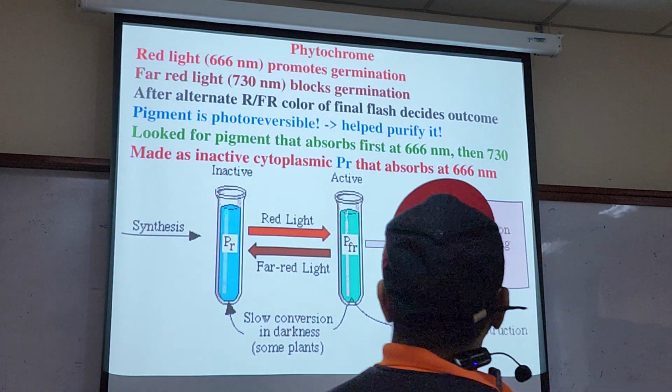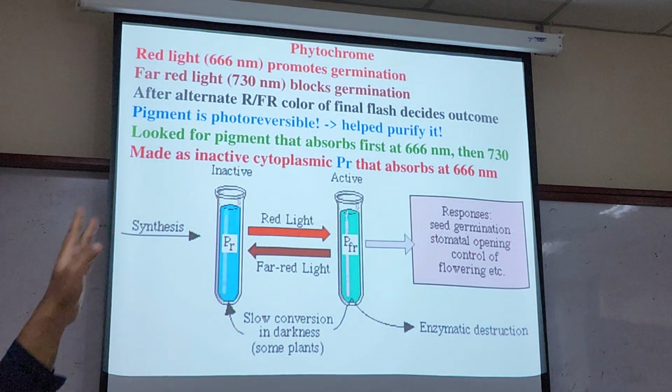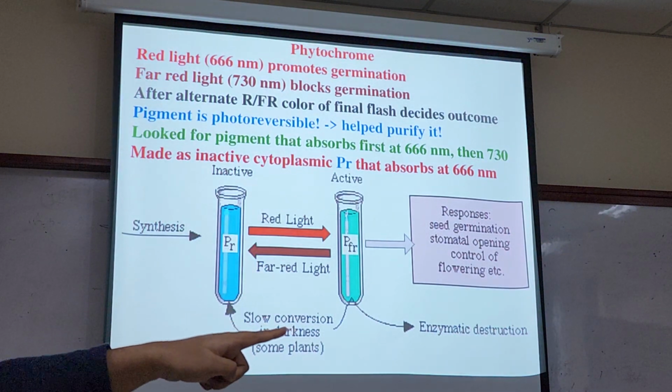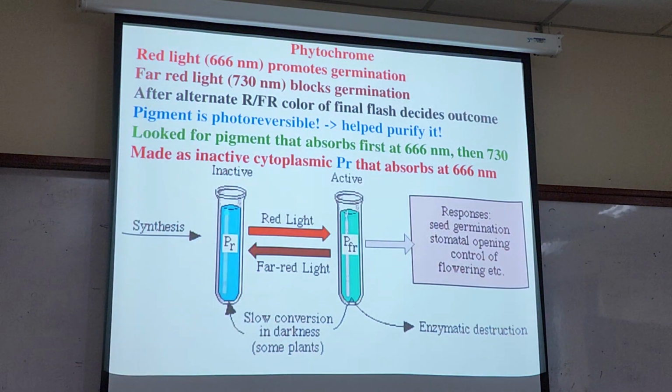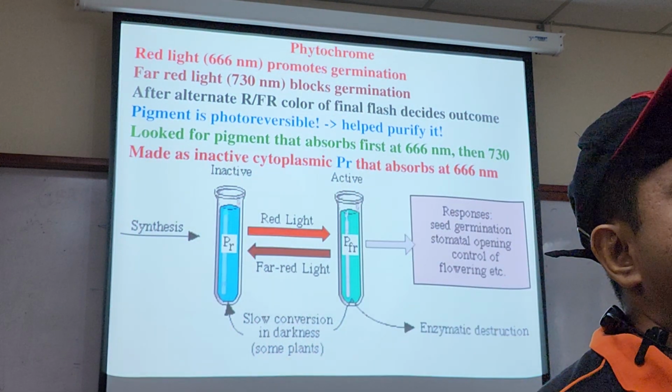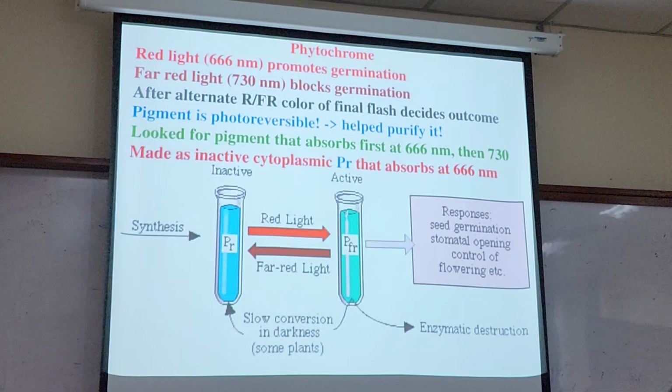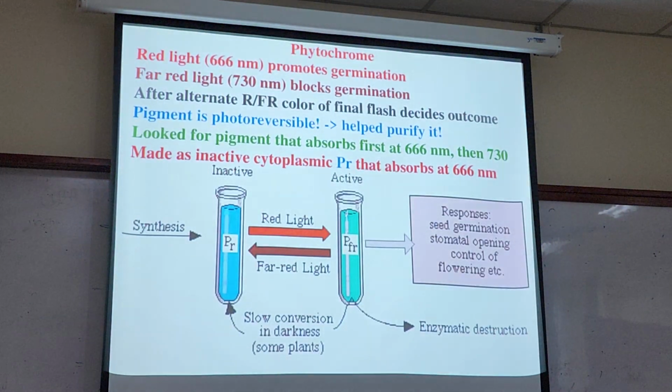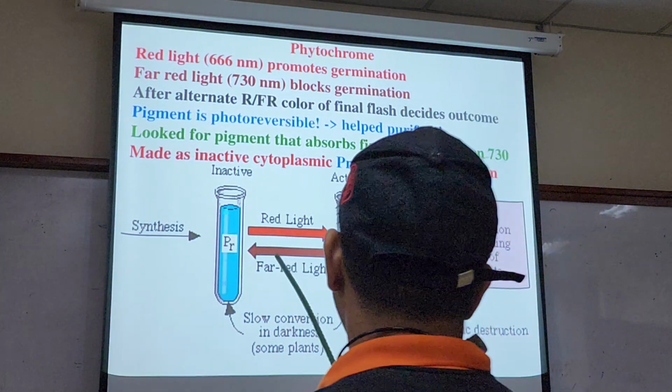Right, okay. So I'll repeat again what I have explained to you. This is a pigment protein that has been extracted. It's actually in the cell, in the cytoplasm or nucleus, but scientists extracted it and put it in a vial so that you can see. What's the color?